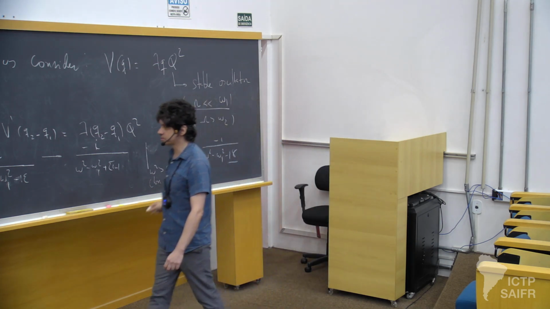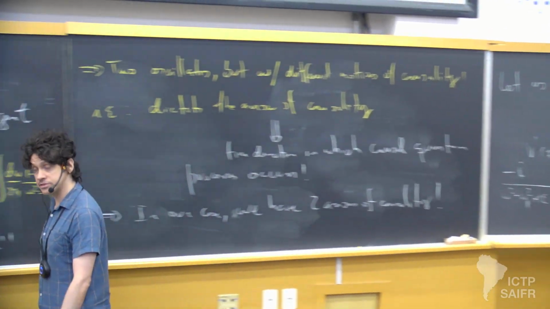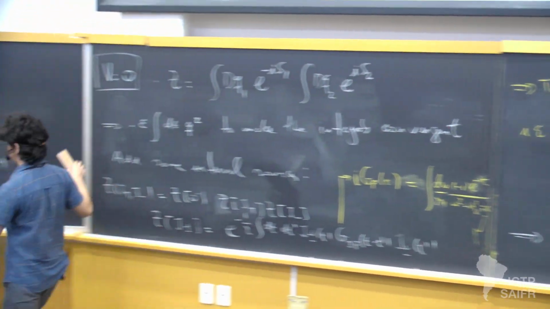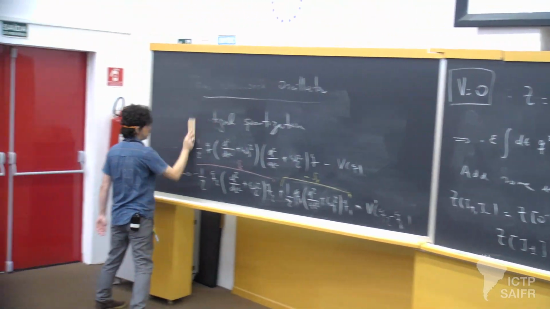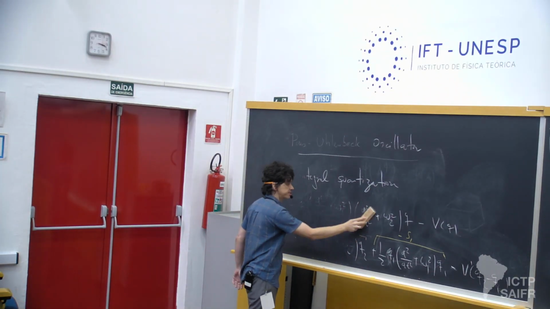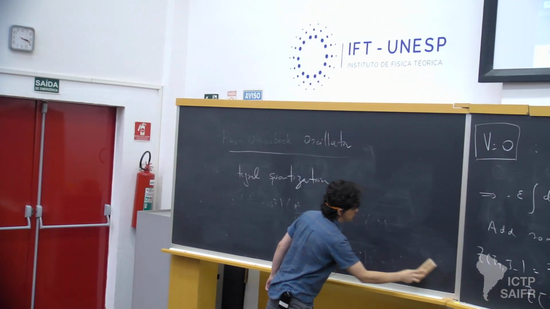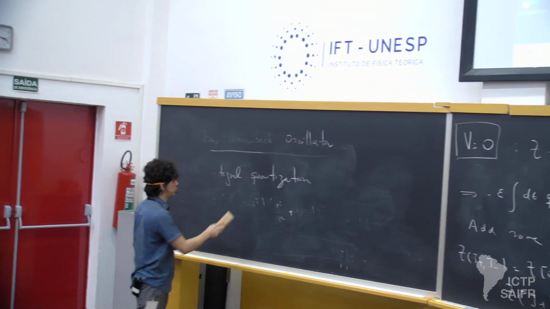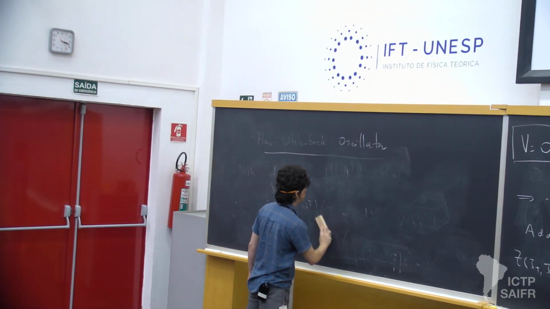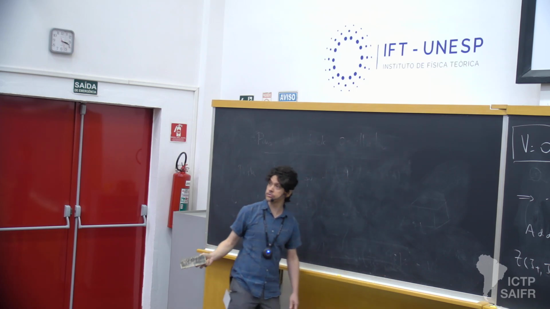So that means that for low frequencies or large times, the only oscillators that survive are the ones associated with the capital Q and Q2. And these are stable ones.